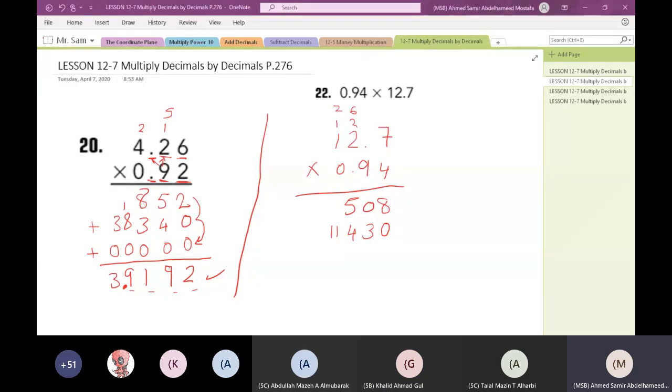All right. Now we're doing the third digit. Abdullah, go ahead. Abdullah, unmute your microphone and work, please, with me.